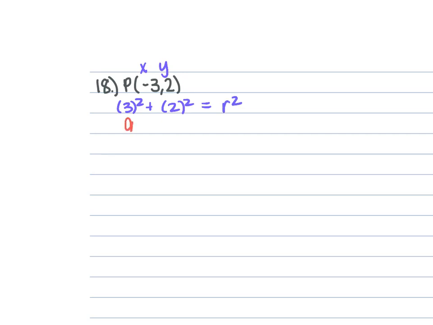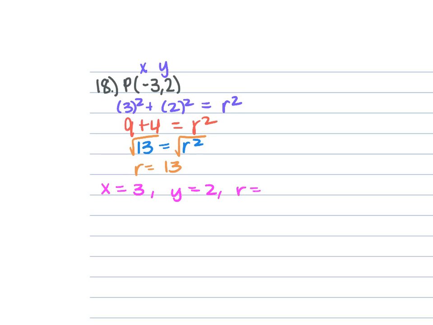So 9 plus 4 is equal to r squared. Then 9 plus 4 is 13. So if we take the square root of both sides, r is equal to the square root of 13. So we have x is 3, y is 2, r is the square root of 13.